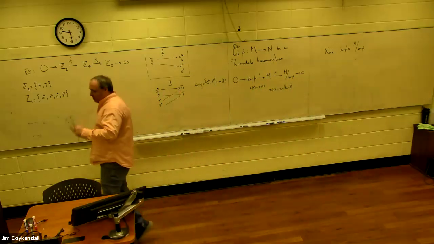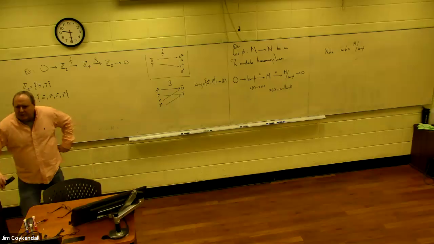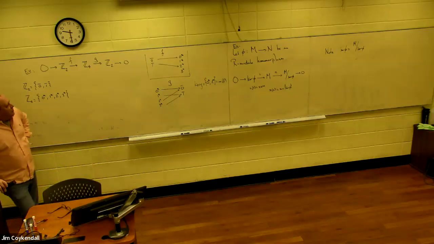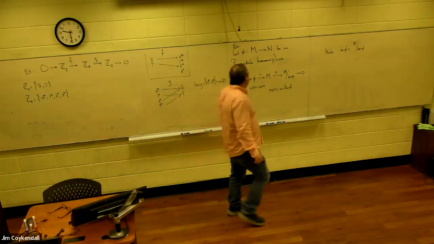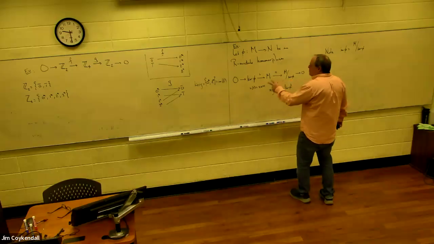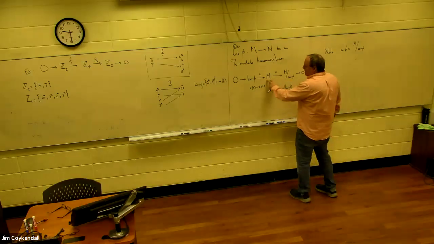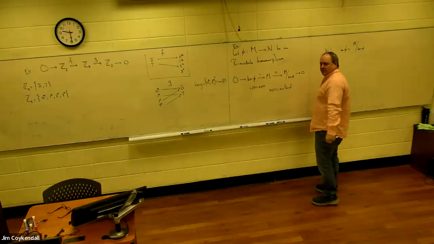So I made some remark about this: it underscores short exact sequences, because basically short exact sequences show off the important parts of your homomorphism: your M, your kernel, your image, right?